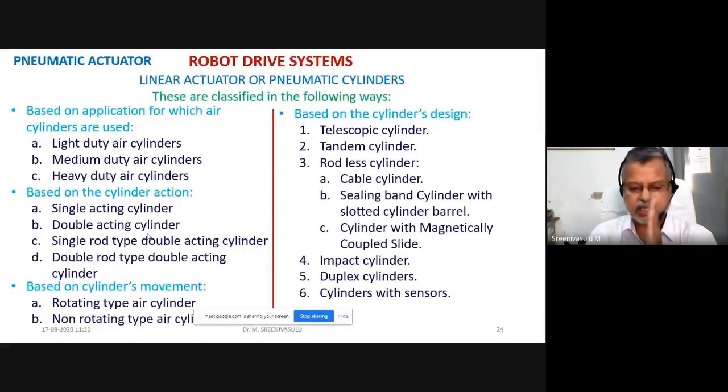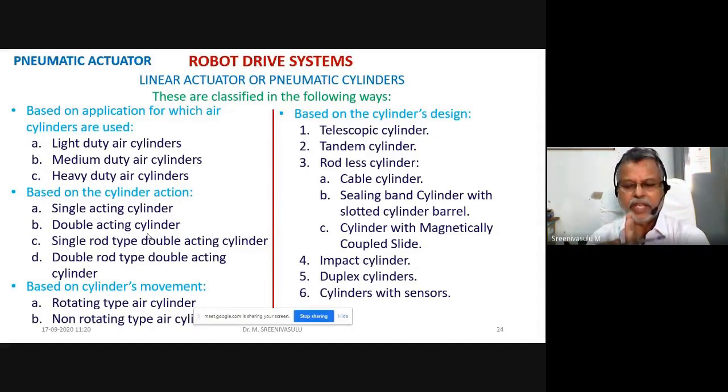Say this is the piston, this is your shaft, and this is the rod. If this rod is single, then when the piston moves forward and backward, the rod will be moving only on one side of the piston, only on the right side. That case comes under C, single rod type double acting cylinder.